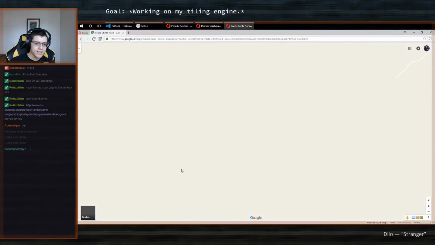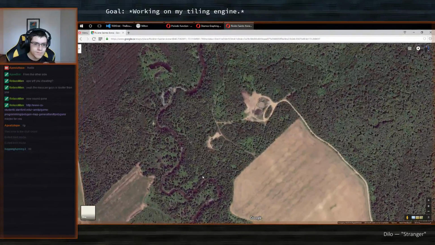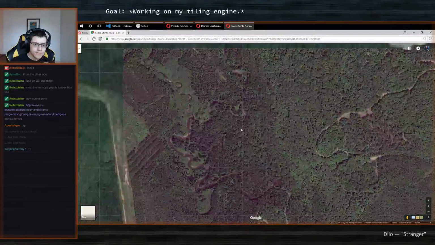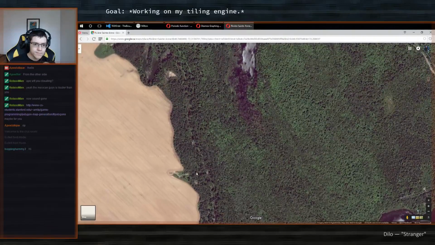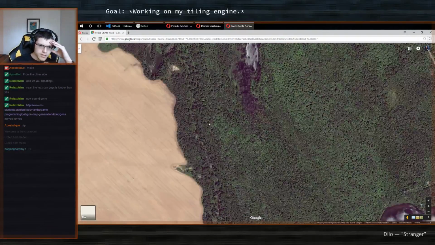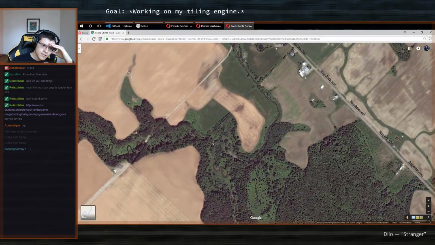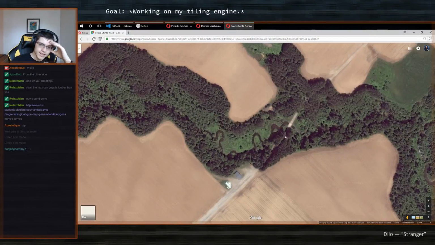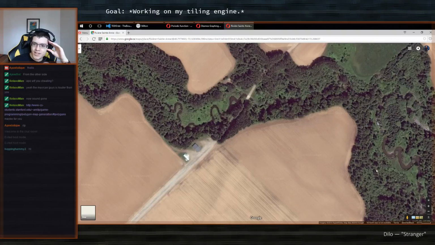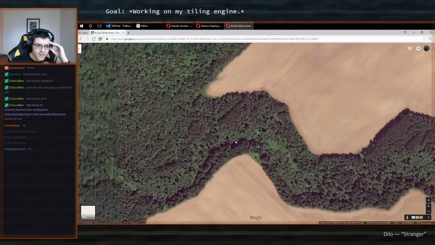Like, it's so small that it's not even picked up by Google Maps. So the smaller the river, the more chaotic it can be. Like, look at that. This river went all the way, if you follow it, it goes all the way down into St. Lawrence. That's really sick.